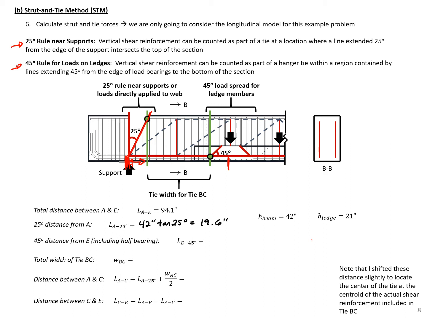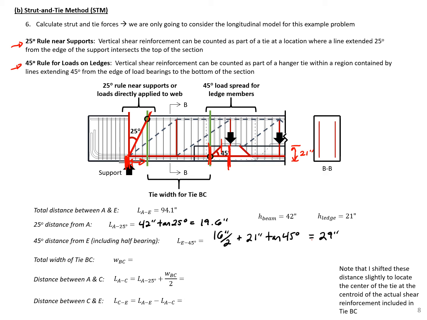The distance between the load point and the edge of our 45-degree line is half of our bearing, so 16 divided by 2, plus 21 inches, which is our ledge height, times tangent of 45 degrees. So this will be 29 inches.